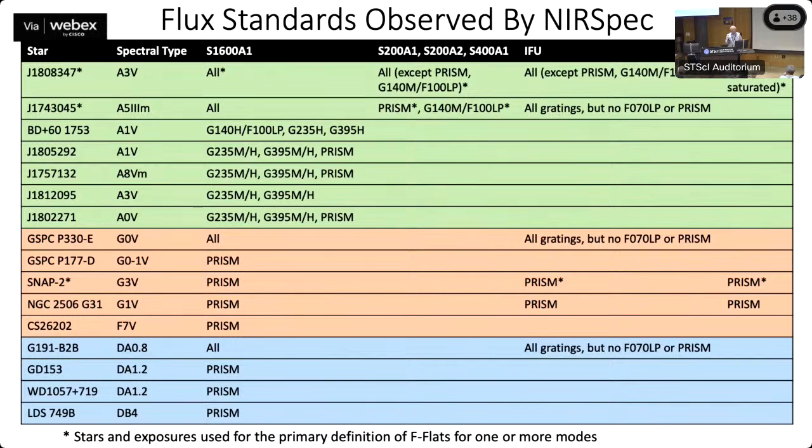So if you observe these bright stars with the prism in those modes, you just saturate right away. So to calibrate the full frame IFU and MOS mode, we have to use fainter stars. In this case, for commissioning, it was primarily done with the G star SNAP-2. And we also have additional data for this somewhat fainter G star, G191, because SNAP-2 was actually a little bit too bright, and you got maybe one or two groups before it saturated in some of these modes.